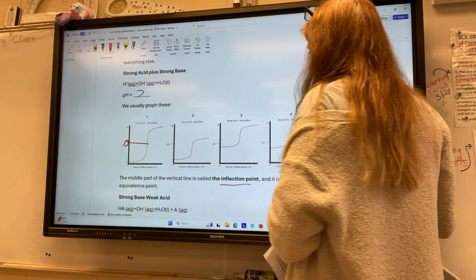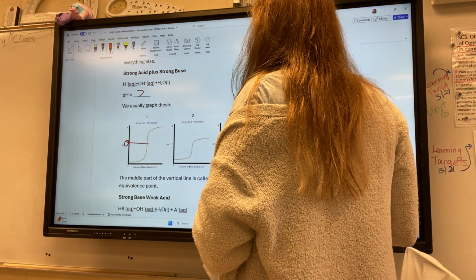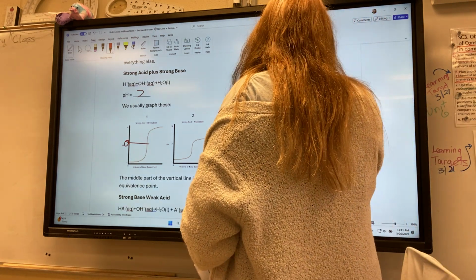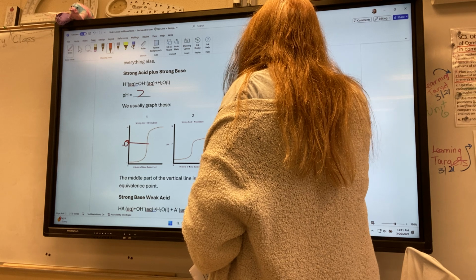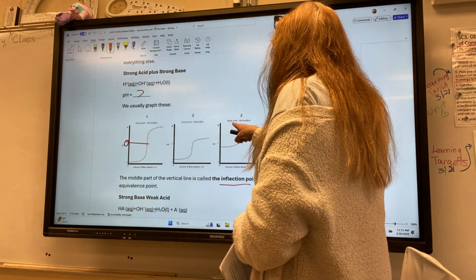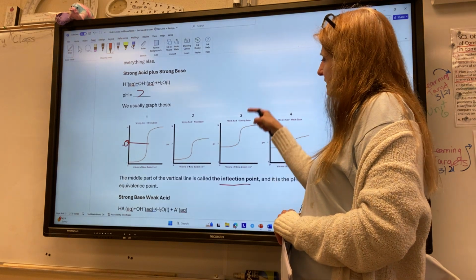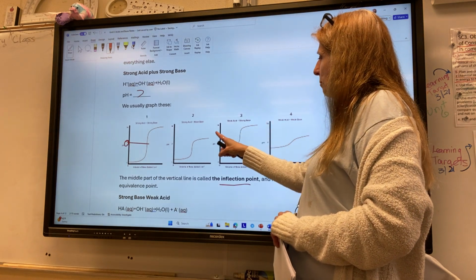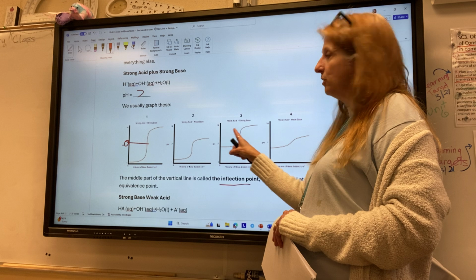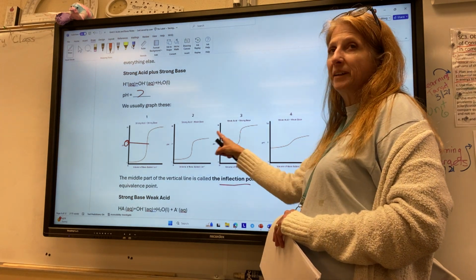Now, but what if it's a strong base and a weak acid? Okay, it's this one. Do you see that one? Notice it's higher up. Notice our pH is over 7. Everybody see that?